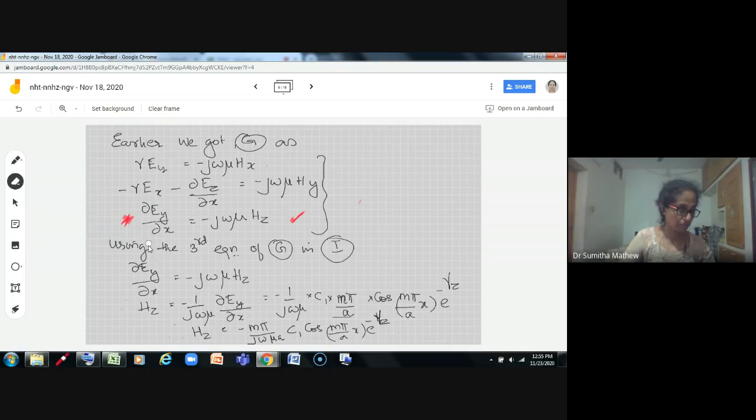That is, let me write it here. That is gamma hy is equal to j omega epsilon Ex minus gamma hx minus dou hz by dou x.